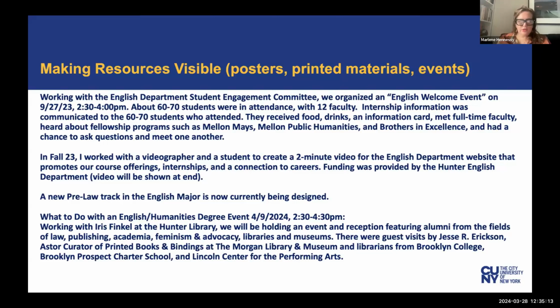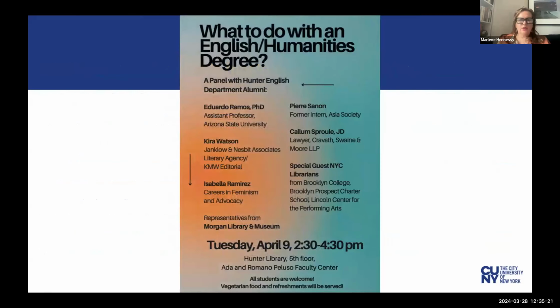what to do with an English humanities degree event we have on April 9th. And I'll show you the poster. I joined in partnership with Iris Finkel in the Hunter Libraries, and together we're putting on this event.